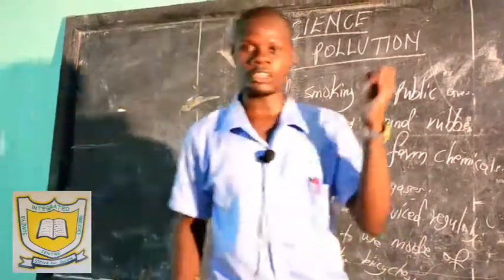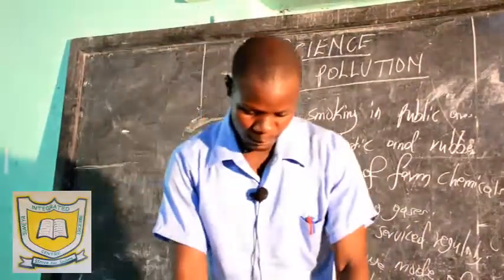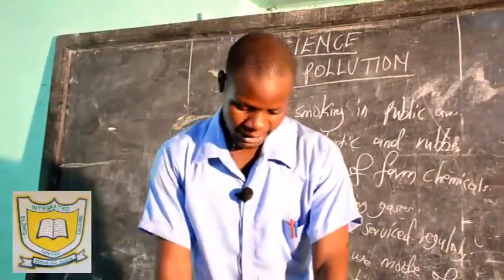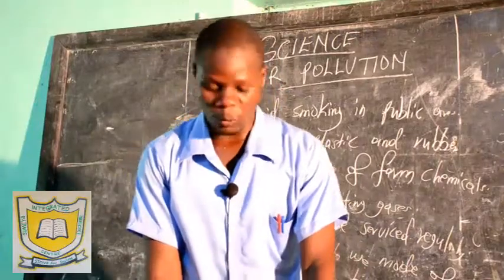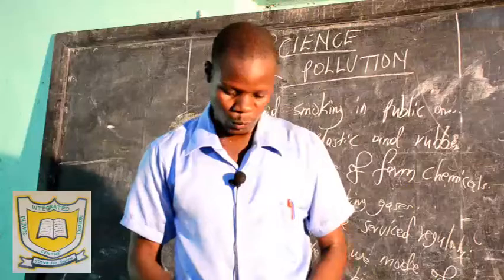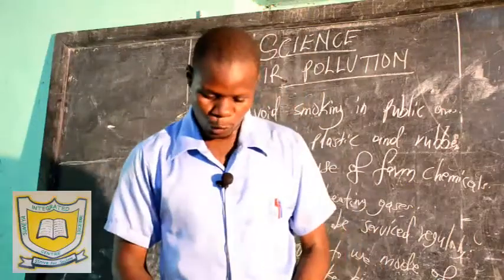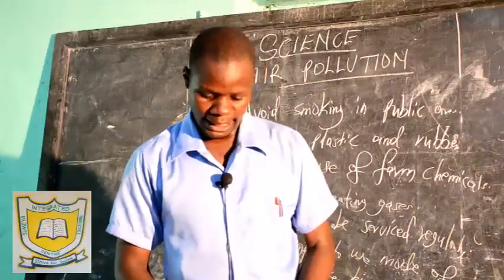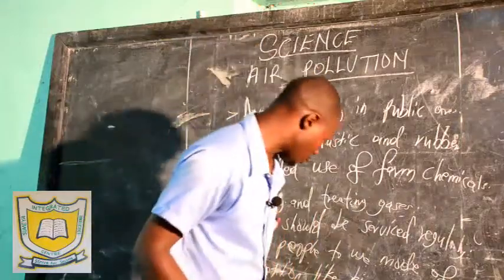Bicycles do not produce gases, so advise people to use such a mode of transportation rather than using a vehicle and other modes of transportation that release more gases to the environment. Now you also have the use of mechanical and biological methods of weed control.